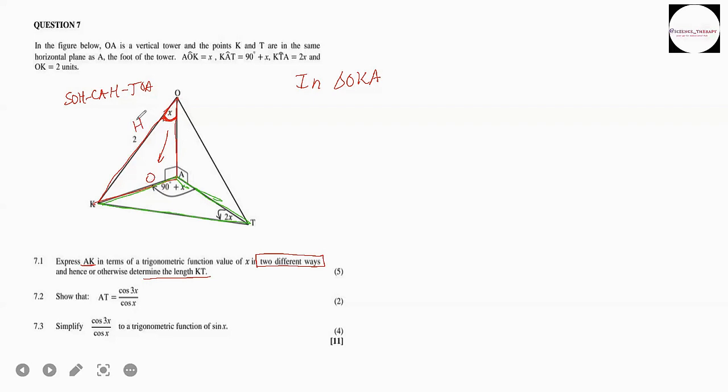So we have opposite and hypotenuse, which means the trig ratio that would work is sine. So sine X is equal to AK over 2. To make AK the subject of the formula, AK is equal to 2 sine X. We're going to say this is our equation number 1.